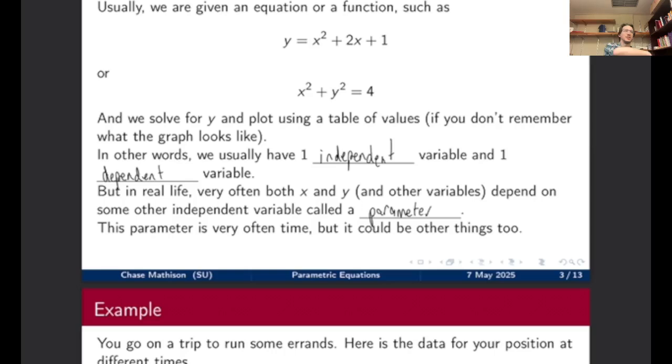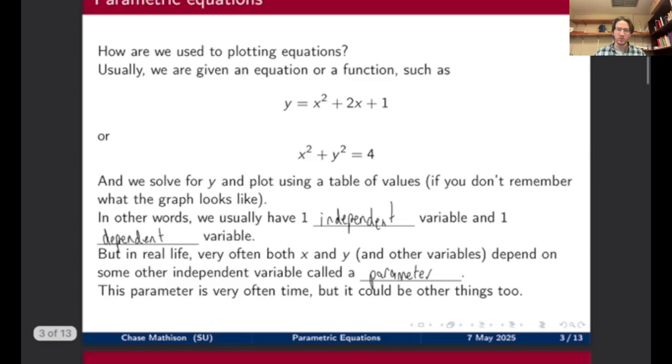Really, as I throw it, the x coordinate and the y coordinate depend on time. And the y coordinate, the height, doesn't really depend on the x coordinate necessarily, or intuitively. Both of those things depend on something else, which is time. And so we want to describe those situations using what's known as a parametric equation.